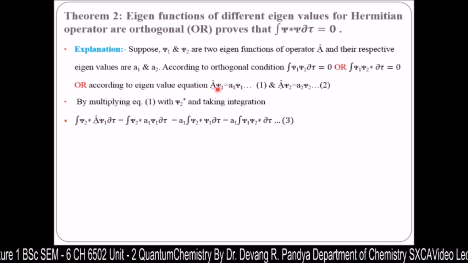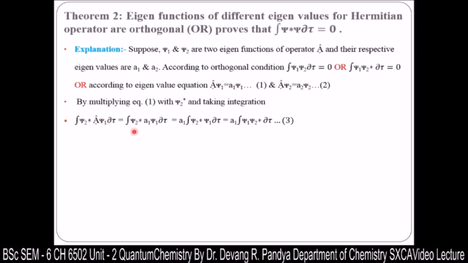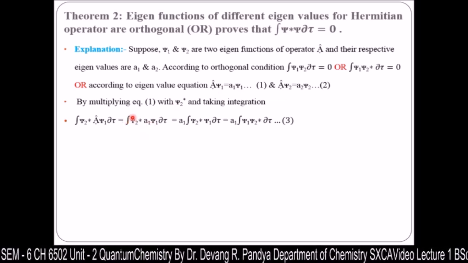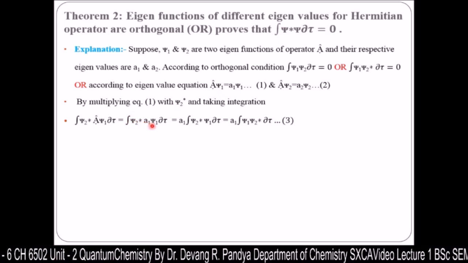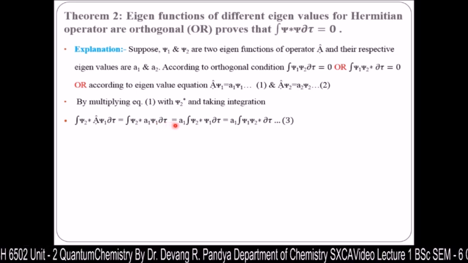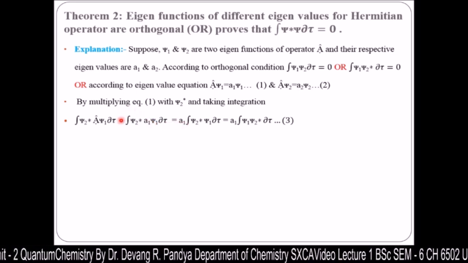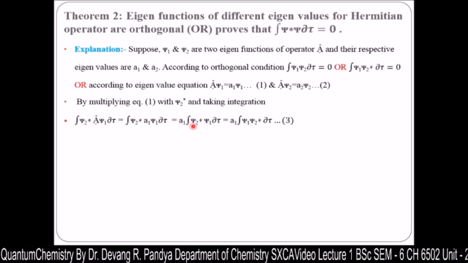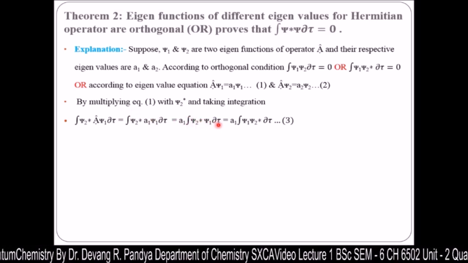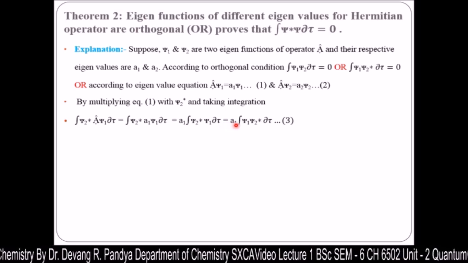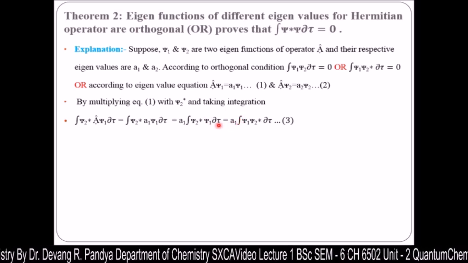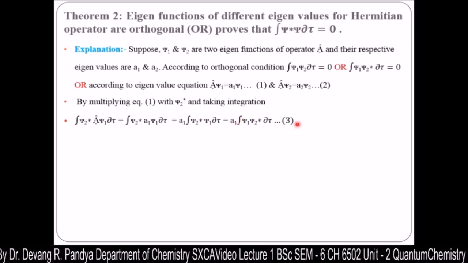Substituting that value, we get ∫ψ2* A1ψ1 dτ, which is equal to A1, because it's a constant, we keep it outside the integration. So ∫ψ2*ψ1 dτ is equal to A1 ∫ψ1ψ2* dτ. That is equation number 3.